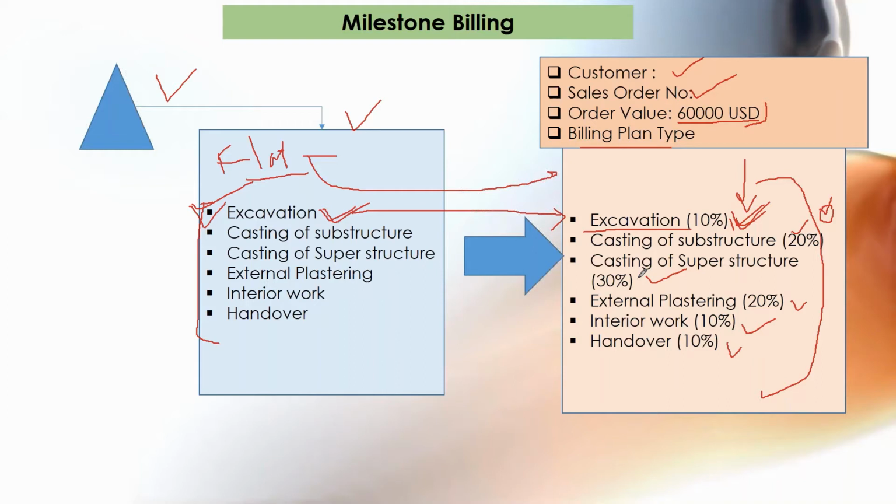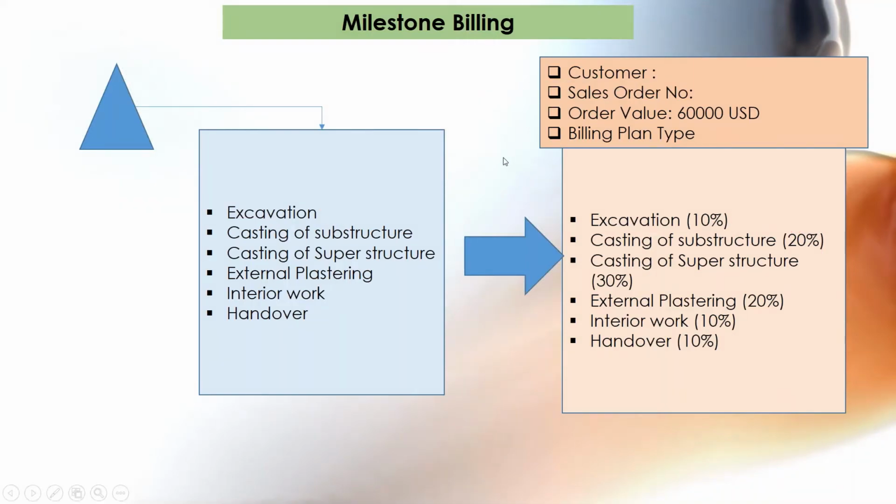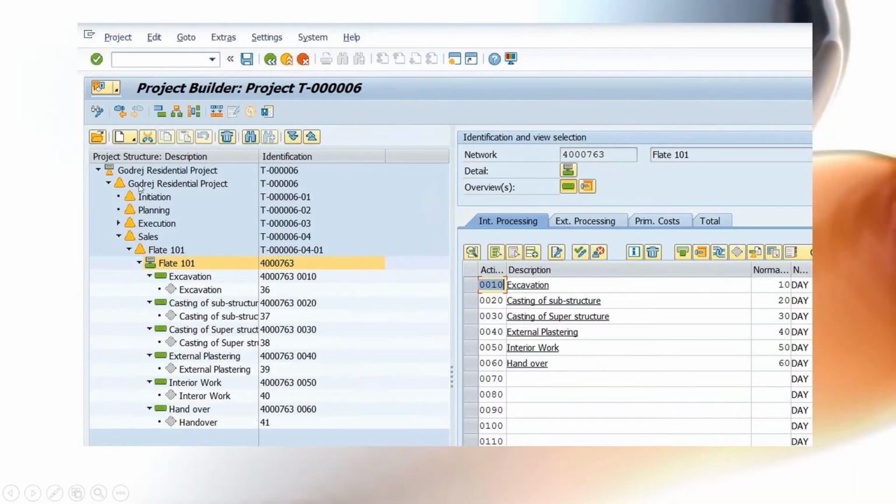I have taken one example here to make it more clear. Let's say this is your project, Godrej residential project. Its first level WBS elements are initiation, planning, execution, and sales.